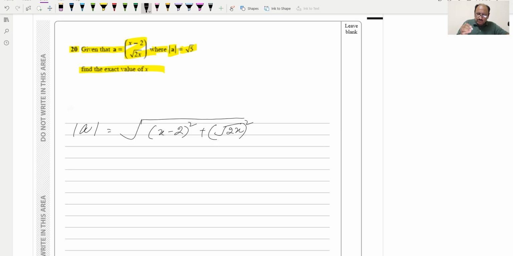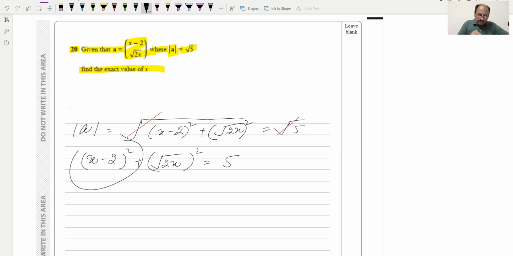This will be equal to under root 5 by the condition of the question. Now we can get rid of this square root, and the remaining equation we can write is x minus 2 squared plus square root of 2x squared is equal to 5.